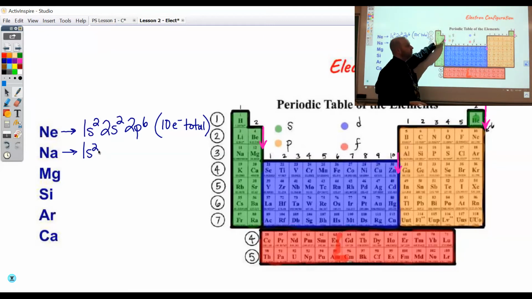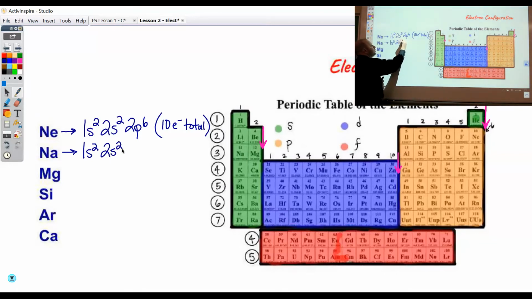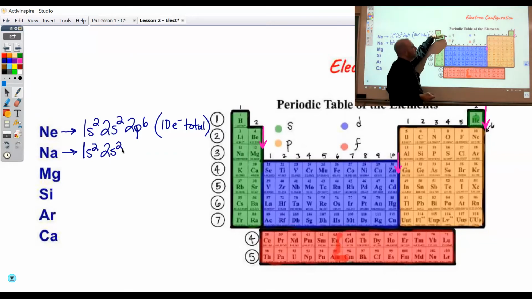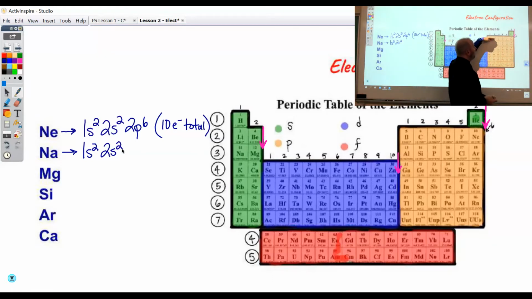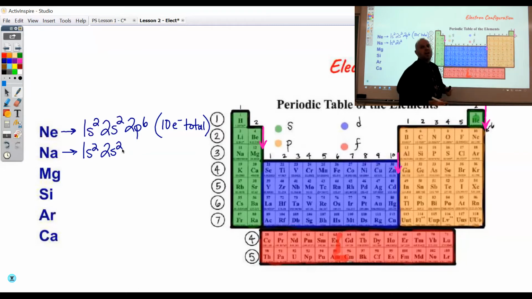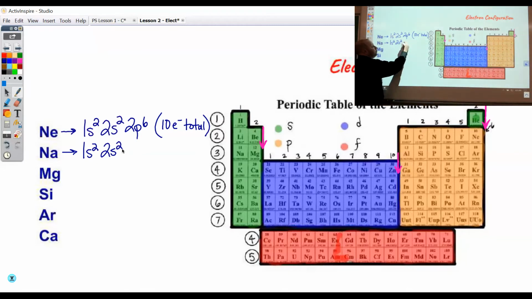We get to the first stopping point right here. We're going to write down 2s2. Now we can keep going. We go all the way across the second energy level. We stop at neon, because that's where our next pink arrow is, and we're going to write down 2p6.